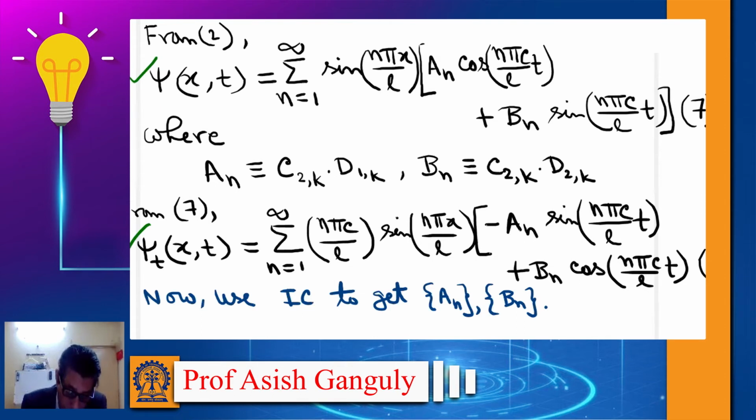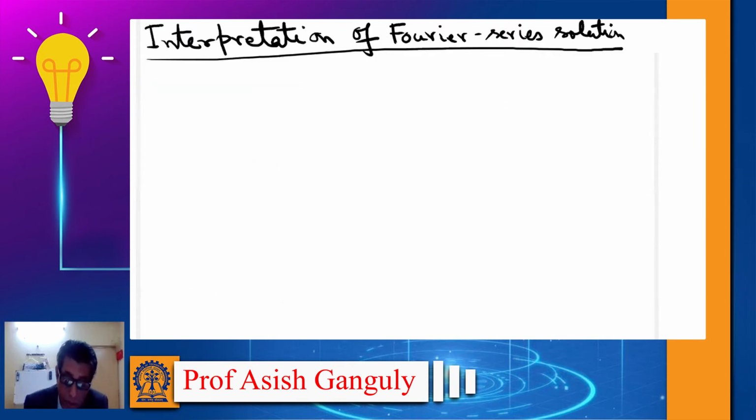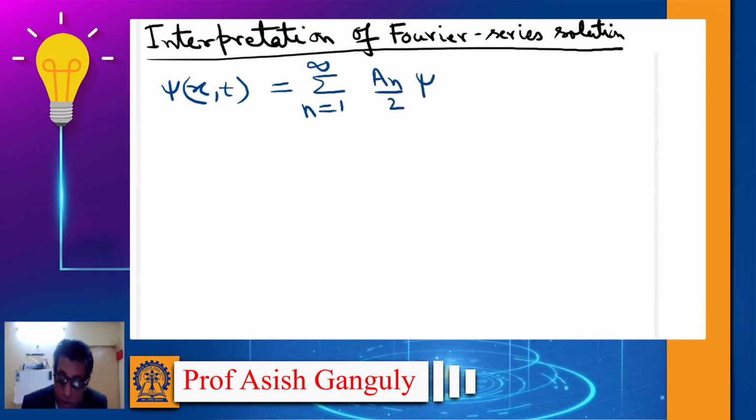So let me go to the current page. Write psi(x, t) equal to the summation n equal to 1 to infinity of an by 2 psi n1 plus bn by 2 psi n2.